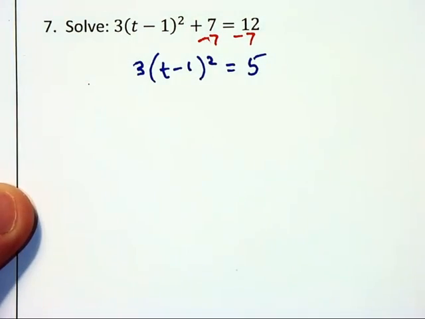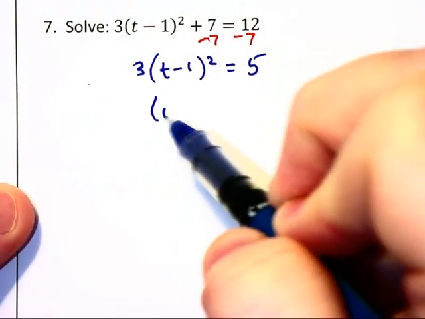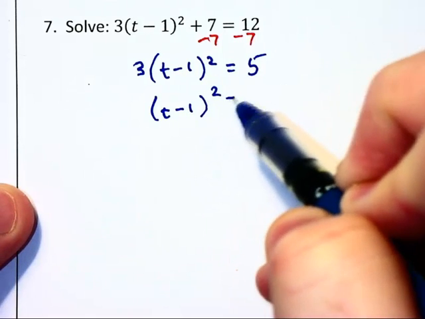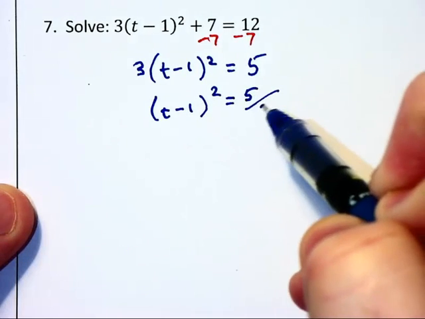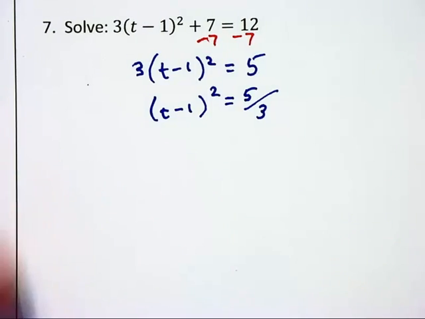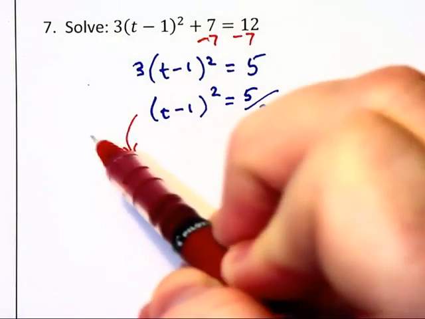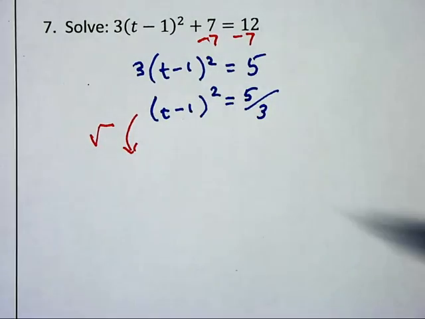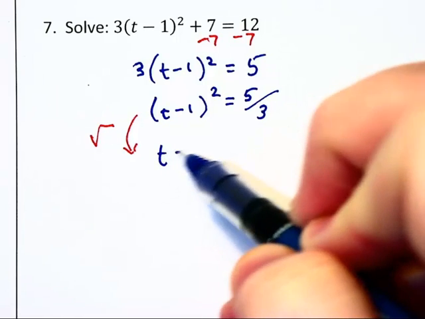And unfortunately, when we divide by 3, we're going to have to create a fraction. Now I chose to go with the messiest possible problem here so that if you can handle this problem, you can handle anything. Now we want to square root each side. On the left, we have t minus 1.